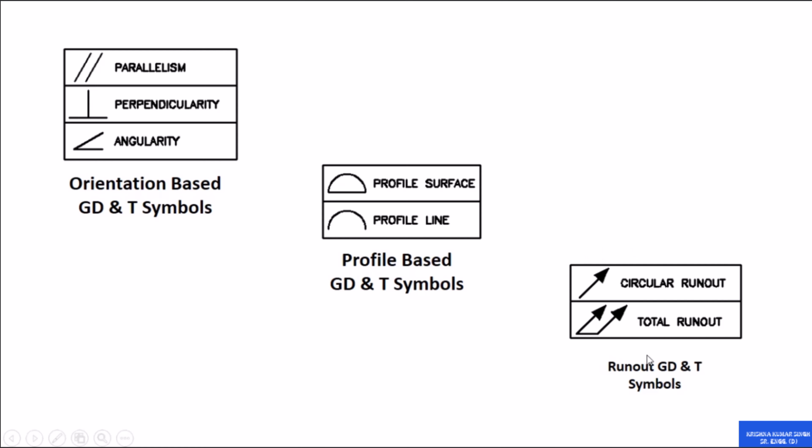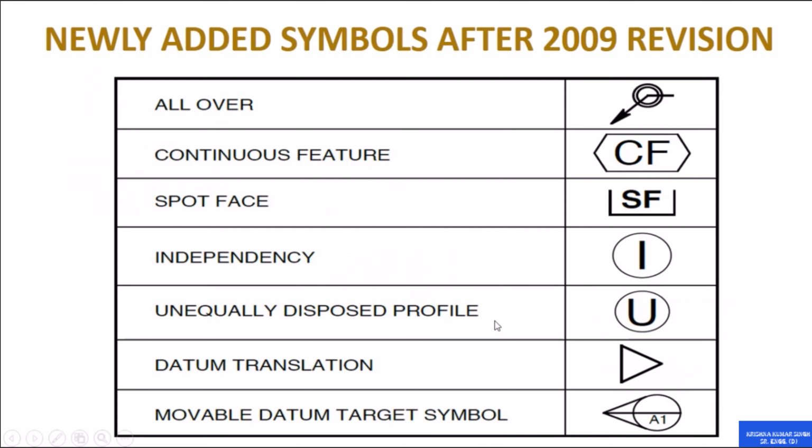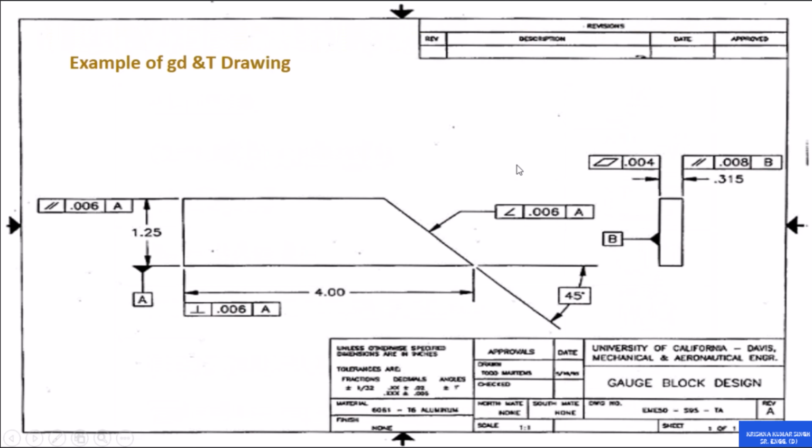It is used in all these kinds of checking purposes of GD&T. These are the newly added symbols, but they are more widely used in the industry, and we will talk about them also. So here you can see an example of GD&T that I will tell you something more about.